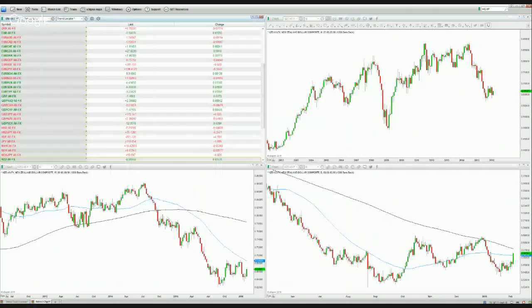If we go to the weekly, below the weekly 200, below the weekly 50, so that's good. However, if we look at the daily, below the daily, but we're now pushing through the 50. So the 50 is currently acting as a level of support.